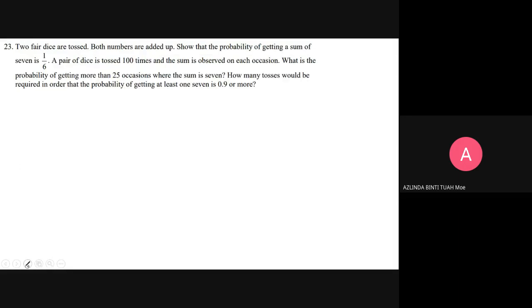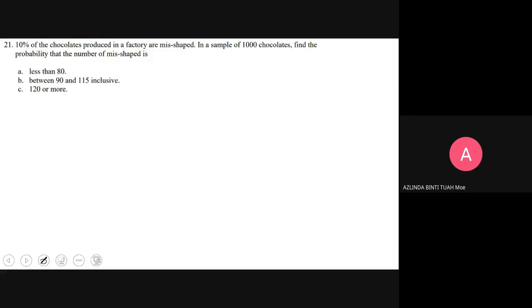So this is a binomial distribution because we have both n and p. The percentage must be converted to a decimal number, 0.1. You see a percentage, you must convert it to a probability, 0.10.